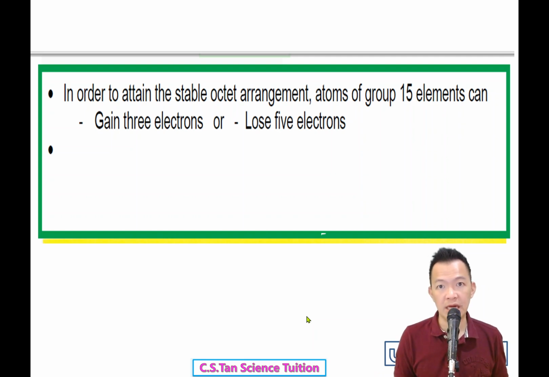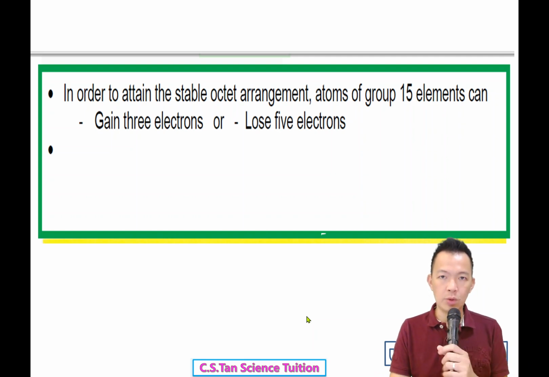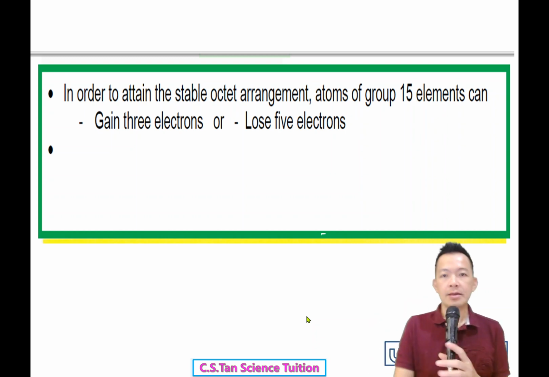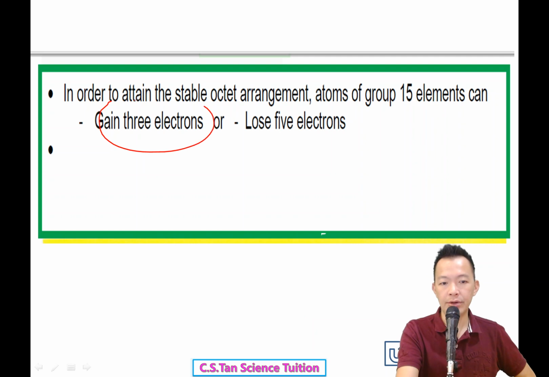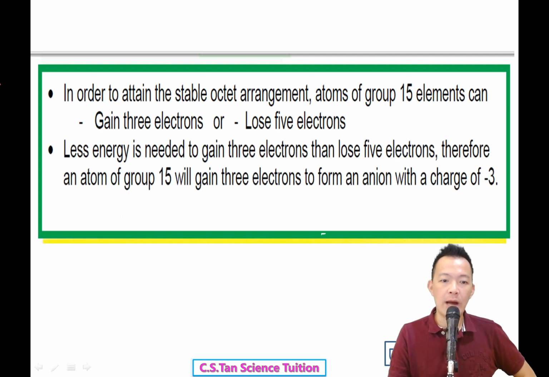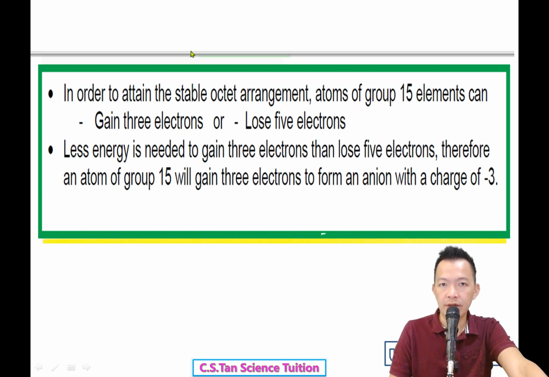Which will be preferred? Receiving 3 flowers or giving 5 flowers, which is better? Gain 3, right? That's why group 15 is going to gain 3 electrons and not lose 5 electrons. Less energy is needed to gain 3 electrons than to lose 5 electrons.